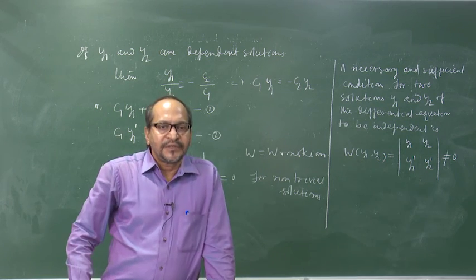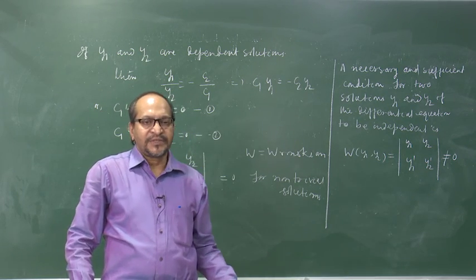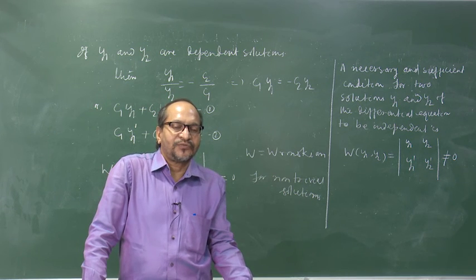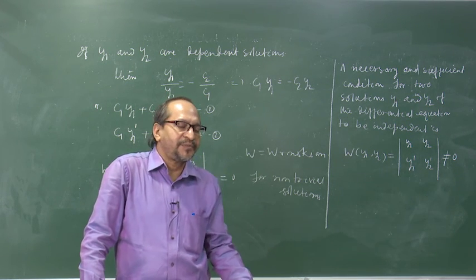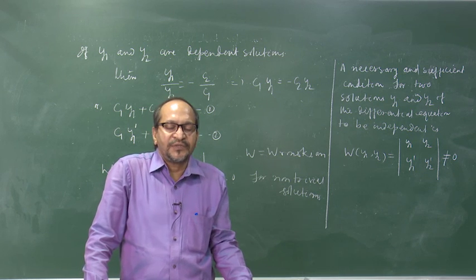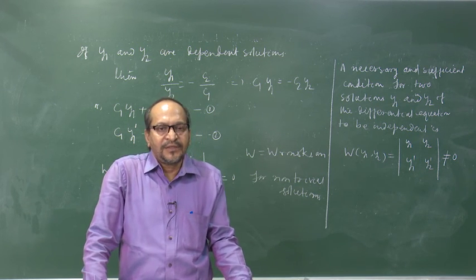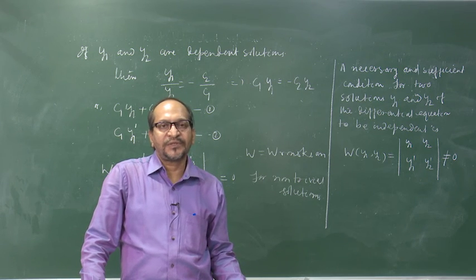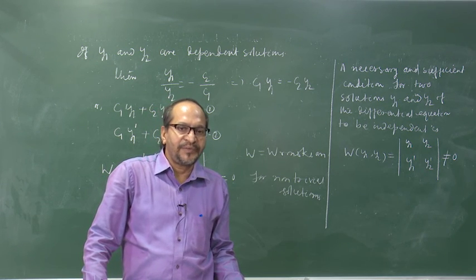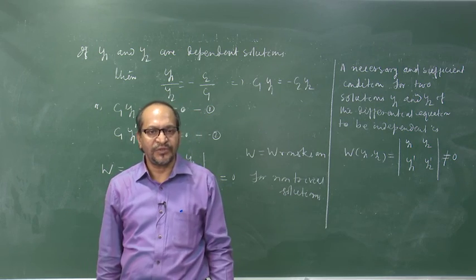So, this is the definition of independent solutions of a homogeneous differential equation in terms of the Wronskian, and this is the meaning of Wronskian. If we can find the Wronskian, then we can assert whether the differential equation has two independent solutions or dependent solutions.